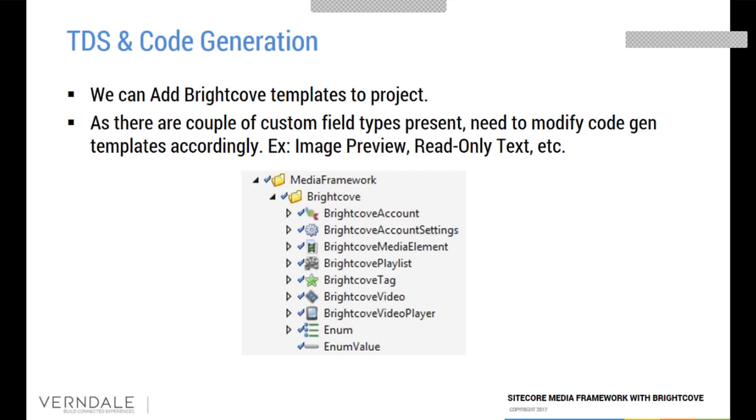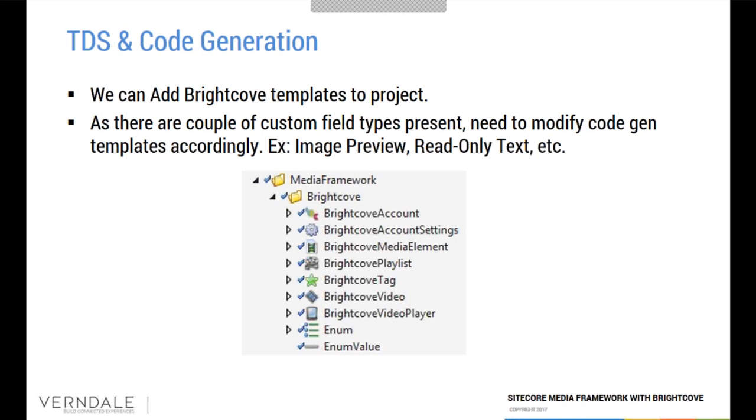So this is a read only text. And image preview is for the thumbnail part, the thumbnail images which we show when we load the video. Those are custom field types which we cannot modify from the Sitecore side. So for code generation, we need to take a couple of steps to manage the image preview and read only text, because the T4 templates which TDS provides, which are all there on GitHub, don't have these extra fields.